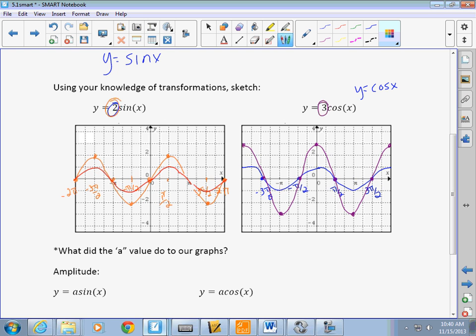So my amplitude for this graph then would be 3. My maximum and minimum values would be at 3 and negative 3. Didn't change my period. I still went at every 2 pi, I repeated myself.